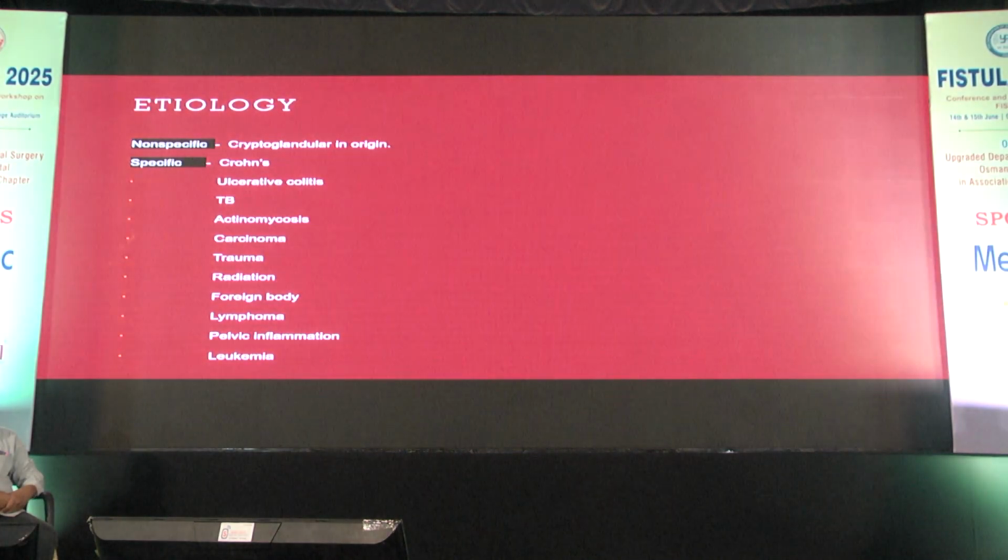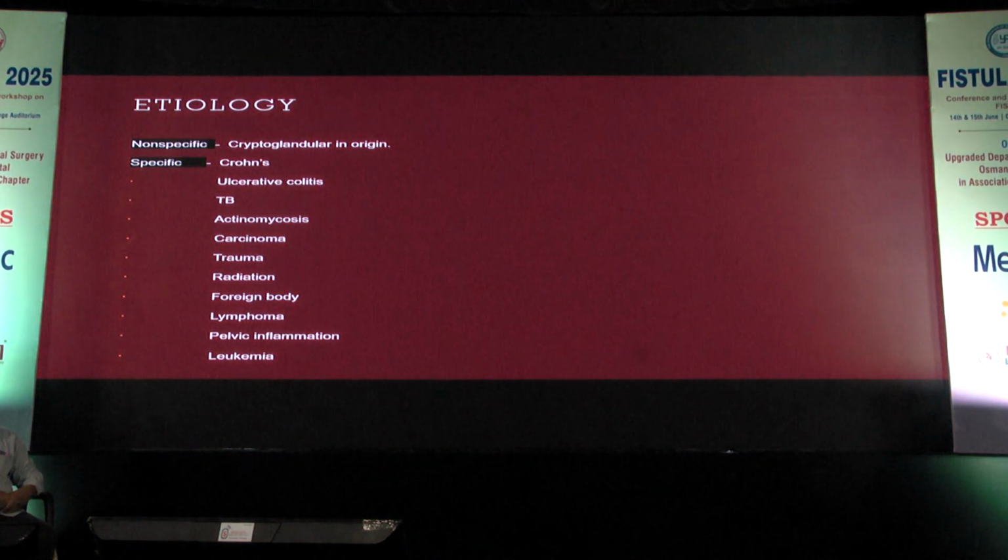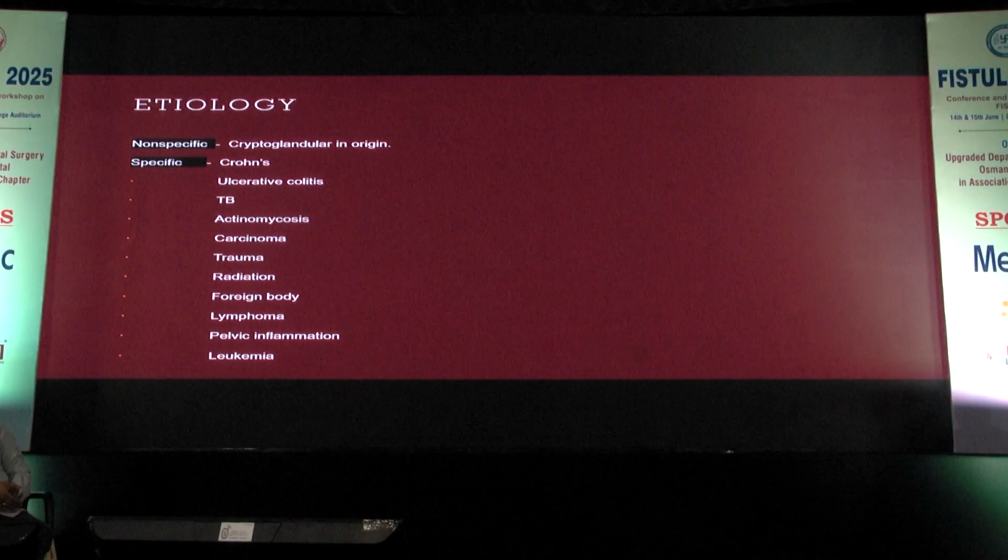The secondary causes include Crohn's disease and ulcerative colitis, TB where you have multiple fistulas, actinomycosis, underlying carcinoma, trauma or secondary infection, foreign body, other inflammations and leukemic conditions, where you will see fistulous formation and abscess cavity.